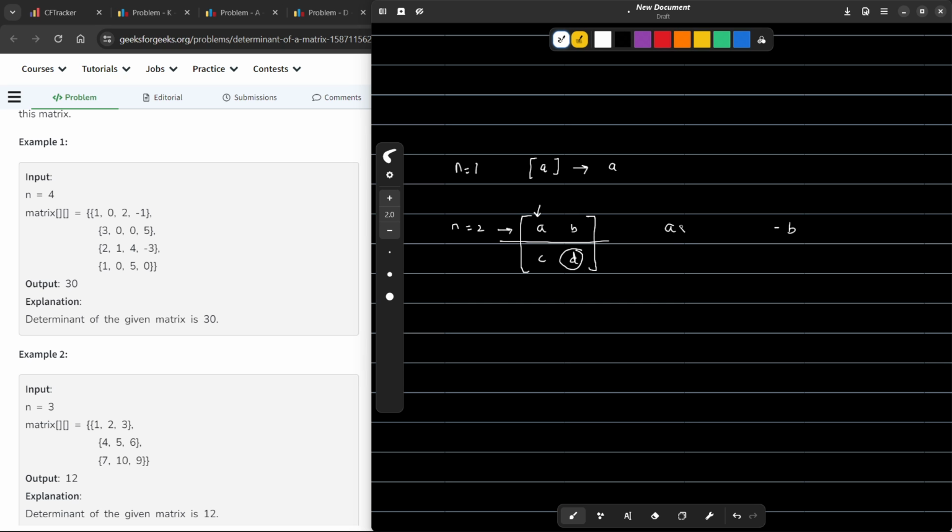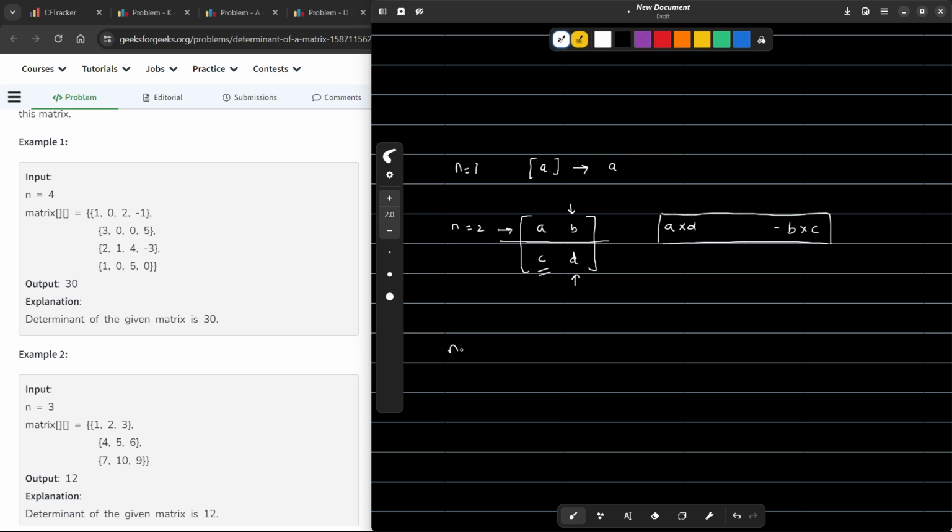So that is why I write A into D. Actually it should be determinant of D, but since determinant of D is D itself, I'm just directly writing A into D. Similarly for B, the only other element that is not in the same column as B is C here, right? So I'm going to write B into C. So this will be the final value of the determinant for a matrix of size 2 cross 2.